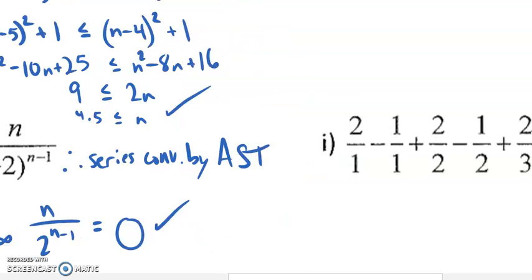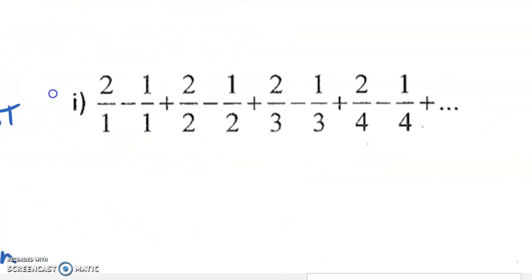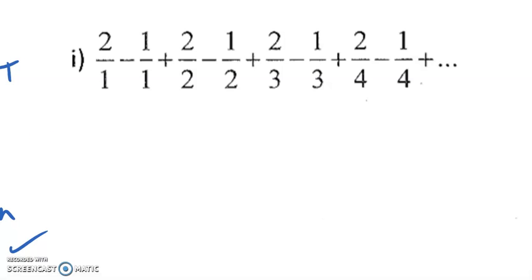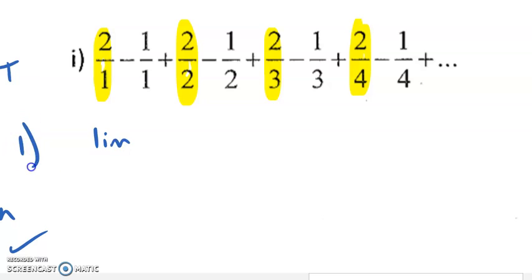Now this last one is a little bit harder. We don't have the nth term in closed form. We might be able to figure out a way to write it in closed form, but let's just ask the question, if we look at this sequence of positive terms, we're going to take the limit, this is going to be 1a.